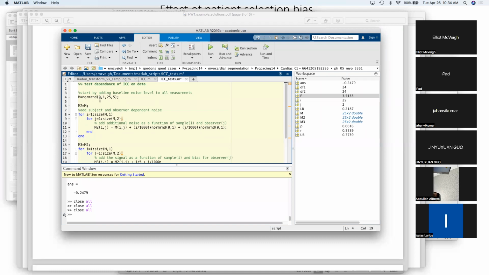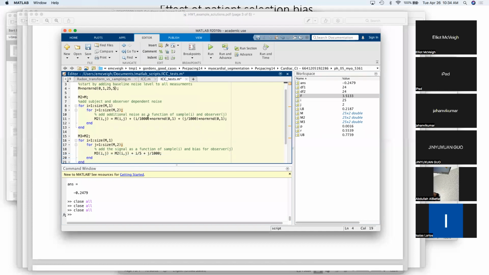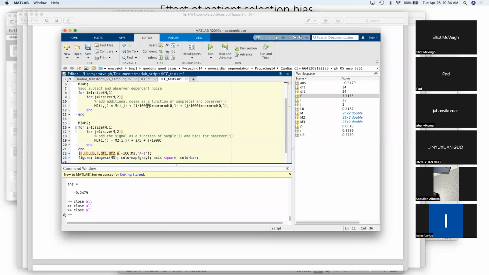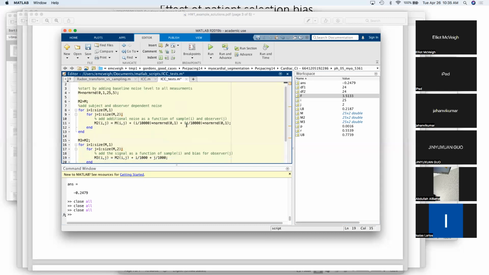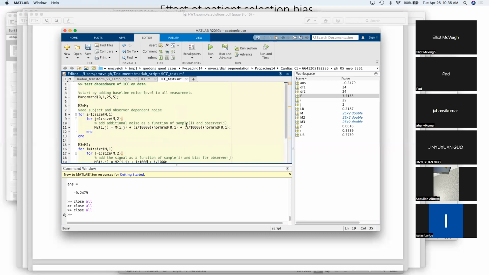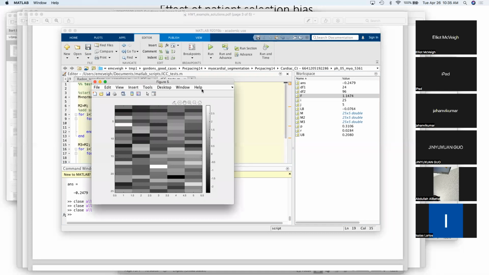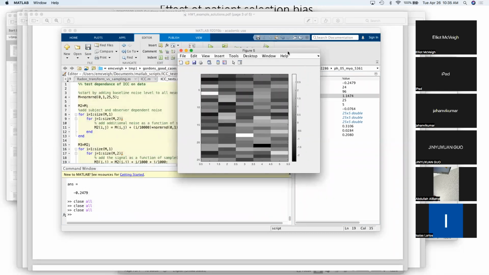That's all it does. And then I'm just going to scale these down here. Okay. So then we'll take a look at that. I think it should come up with a picture, right? Okay. So there's our data. We have 25 subjects in our group that we're looking at, 5 observers.